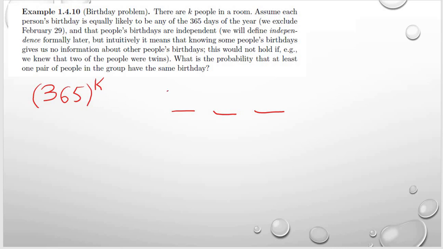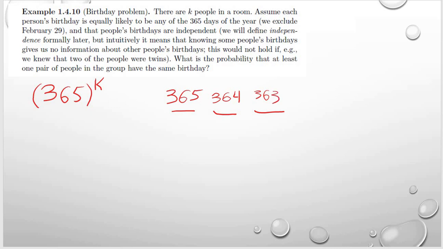So when we're starting to make a list of who has birthdays when, there are 365 days in which our first person can have a birthday without repeating anybody's birthday. Then we get to the next person, 1 day is already used up. We get to the next person, 2 days are used up, and so on.